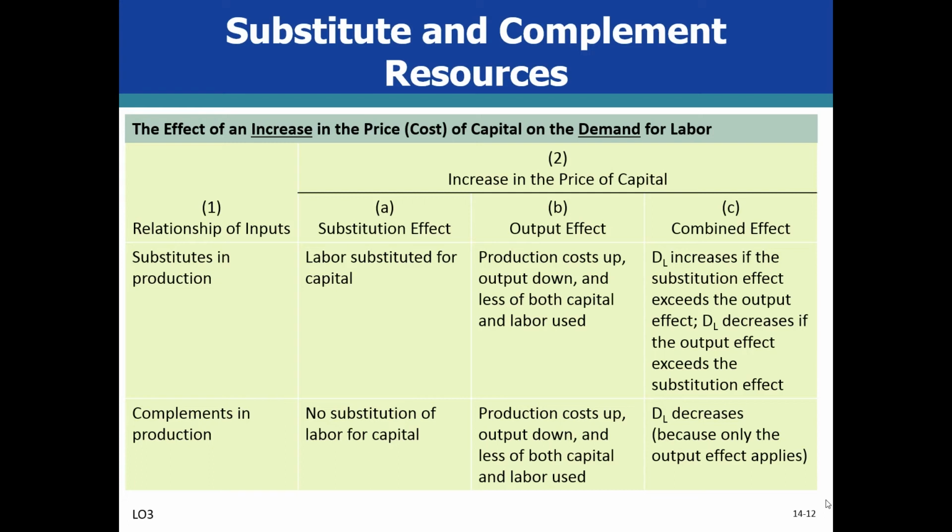That's the key learning here. So you need to understand the substitution effect of labor and capital versus the output effect. And therefore, what's the combined effect given the proportions? And this is an excellent chart to review prior to any quiz or test on this particular subject.